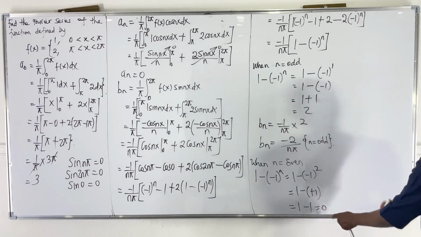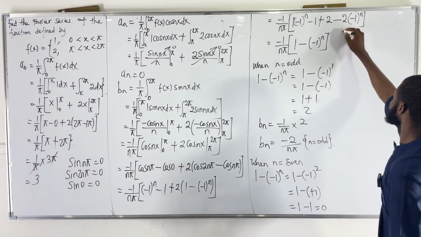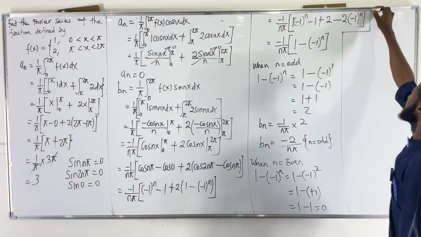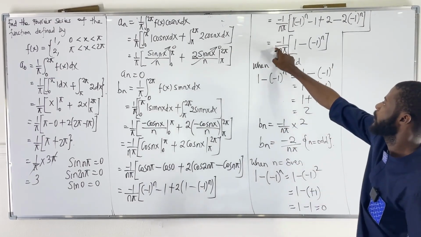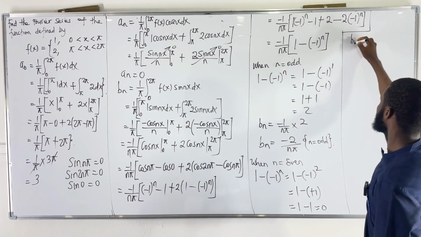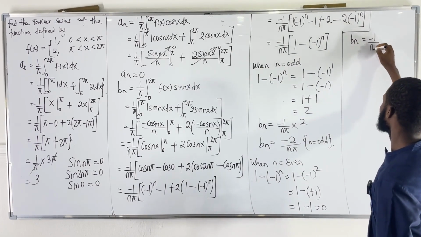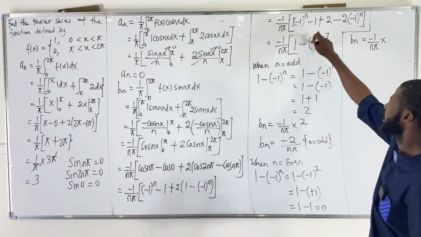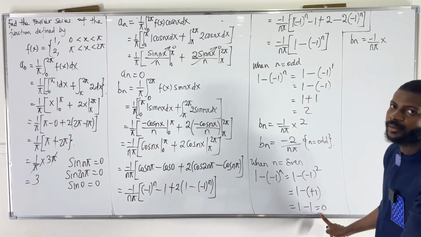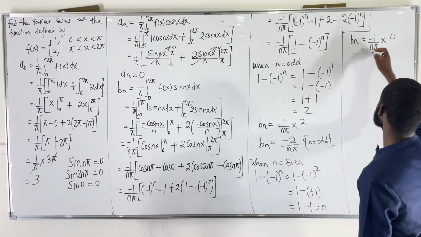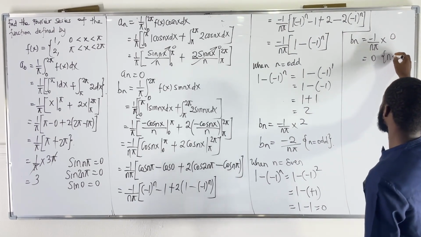Imagine if this is 0. That means my b sub n, which is minus 1 over n pi times whatever bracket I have. So this bracket here is giving me 0 for all even values. So this will just be 0, provided n is even.